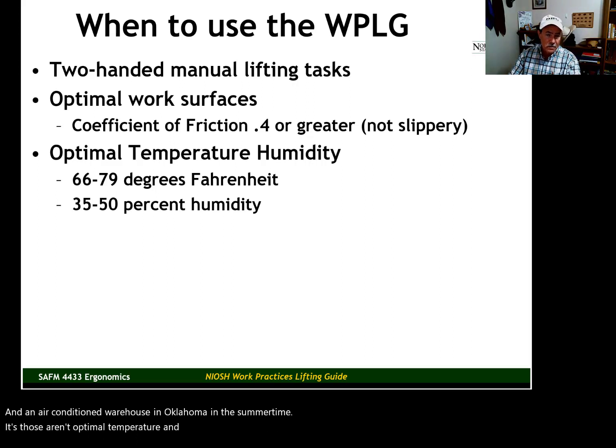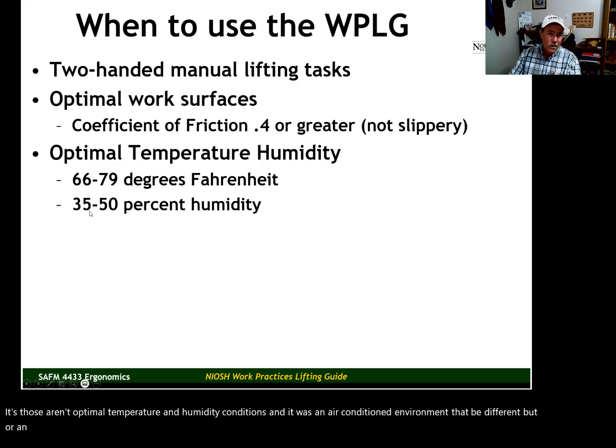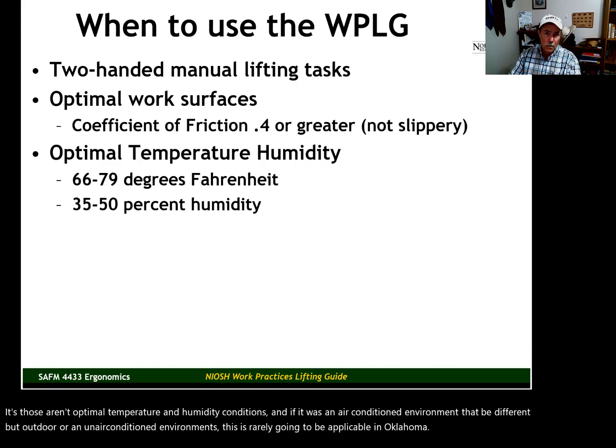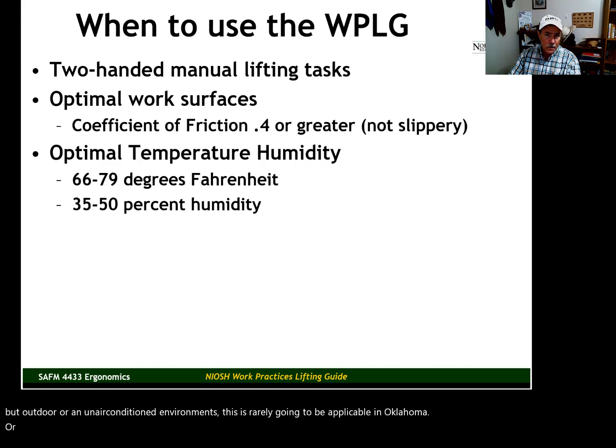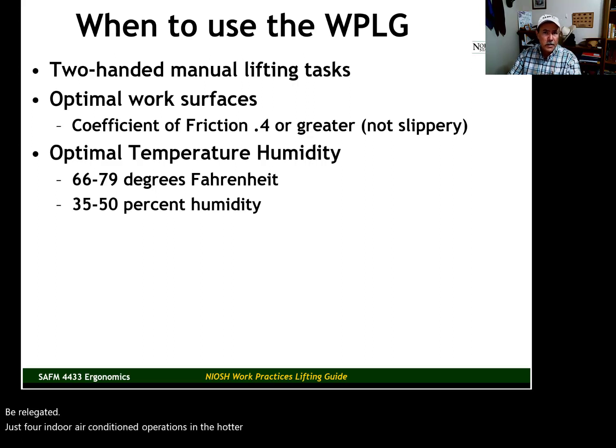Now, if it was an air-conditioned environment, that'd be different. But outdoor or in unair-conditioned environments, this is rarely going to be applicable in Oklahoma or anywhere that experiences hot summers with high humidity. It would be relegated just for indoor air-conditioned operations in the hotter part of the country, hotter regions of the world.